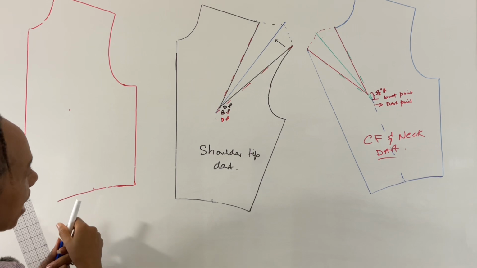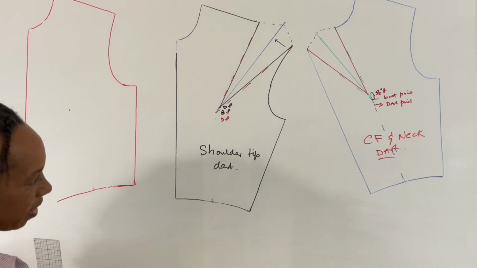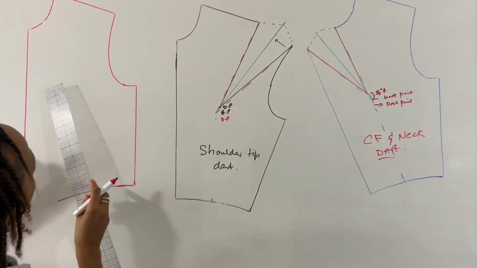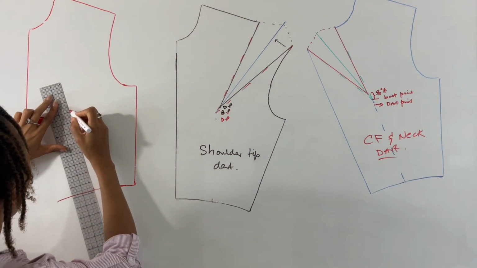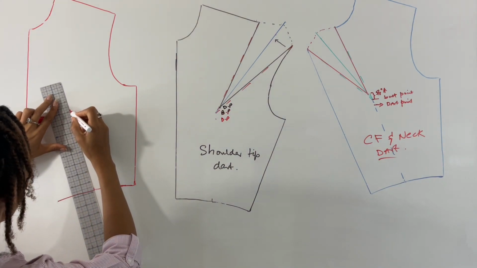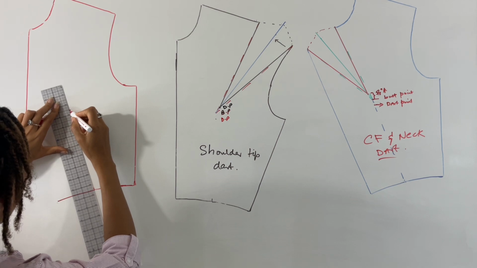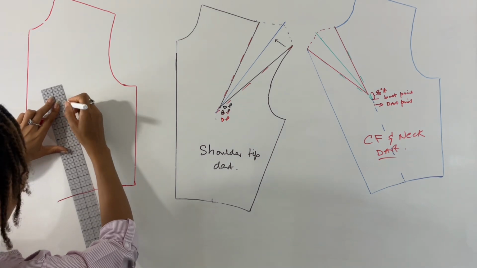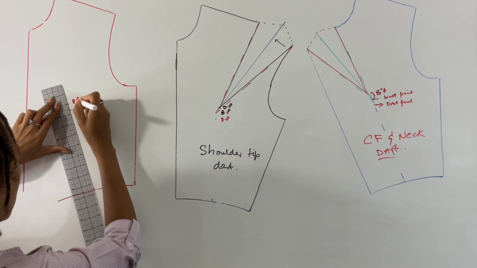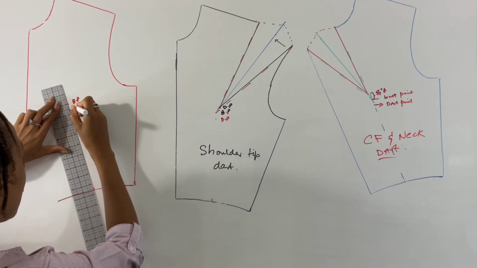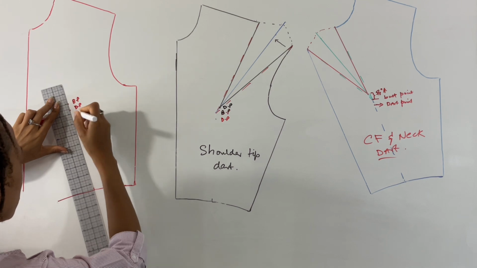So because we have this dart line here, I'm going to go up 5/8 of an inch from here to get my bust point. And this is going to be my dart point right here.